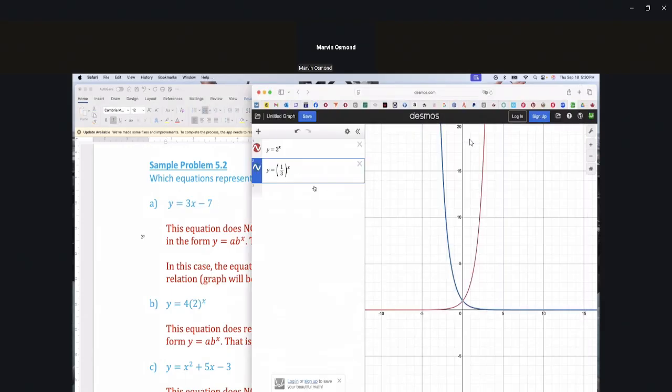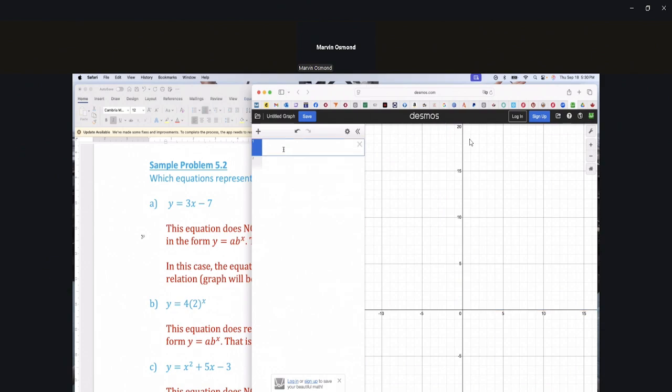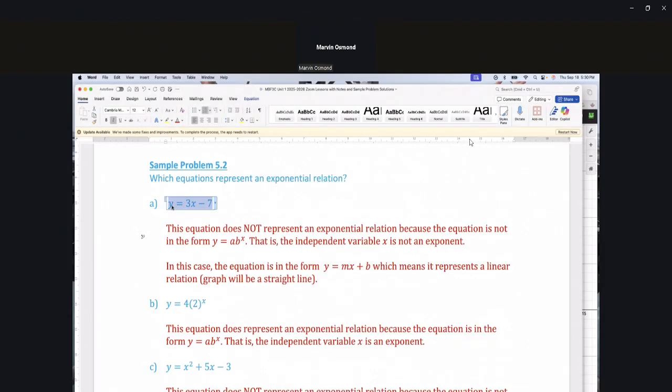So let's get rid of these, because we're doing a new problem here. y equals 3x minus 7. Because there are no powers, and remember, the exponent on the y is 1 and the exponent on the x is 1, but we don't write them.